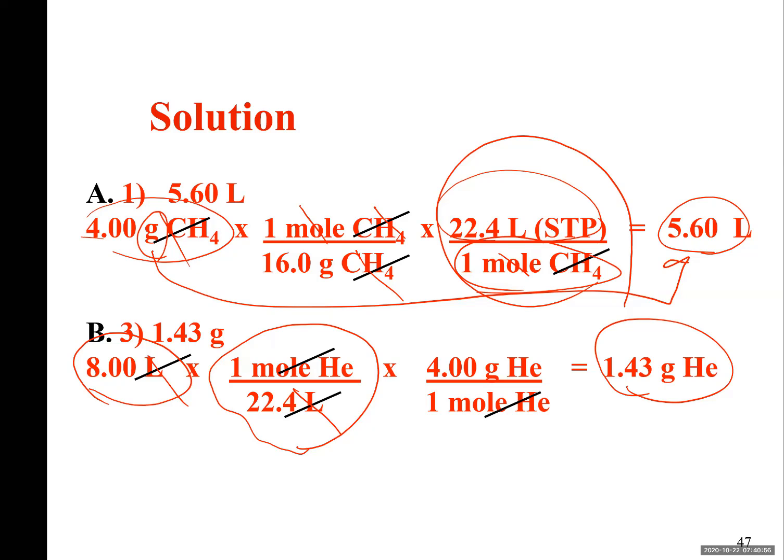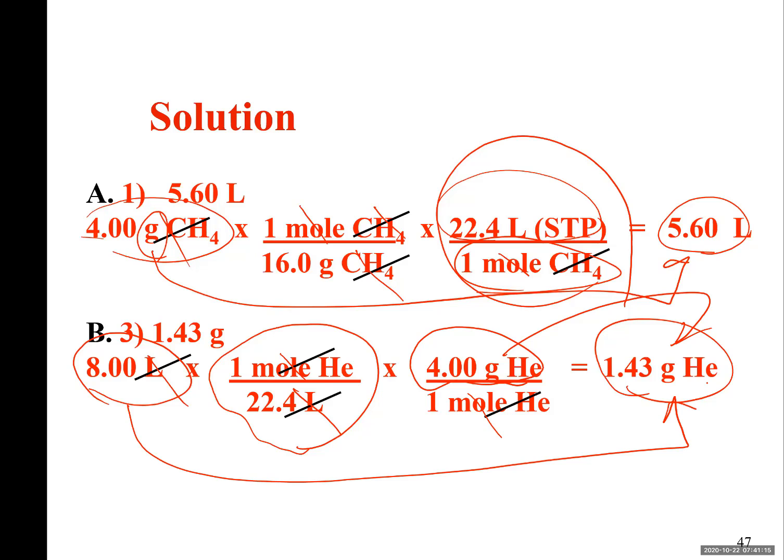Once you have number of moles, you can cancel moles by writing moles on the bottom and converting it to grams by writing grams of helium in 1 mole of helium. So the unit left is grams. That's what the problem was asking. So you have converted 8 liters of helium under standard temperature and pressure to its mass, which is 1.43 grams.